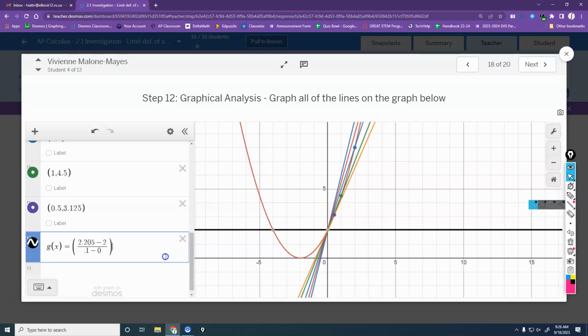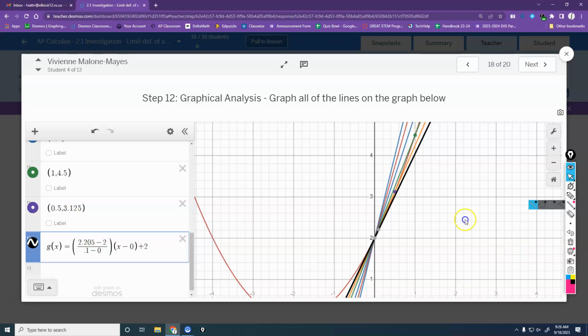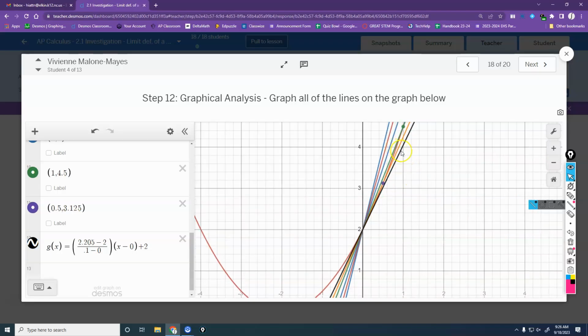That's my slope times x minus 0, or x plus x minus 0 plus 2. There's that line. Look, that is even a little less steep, right?